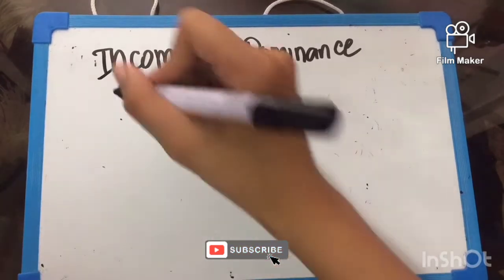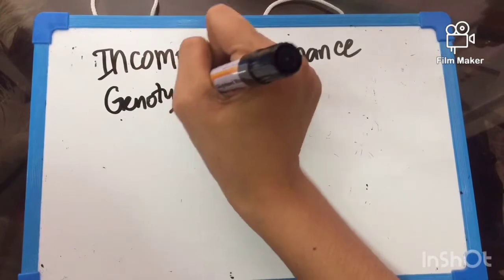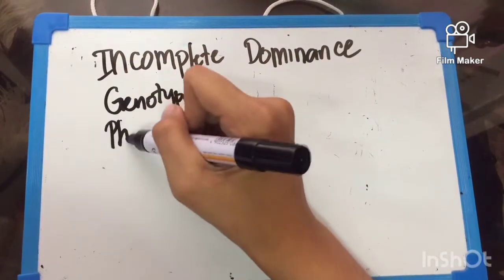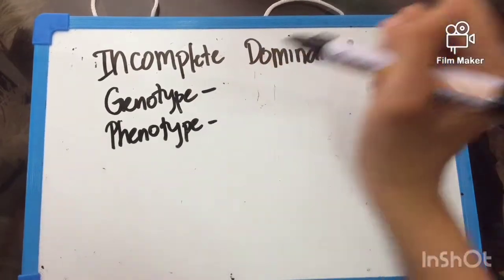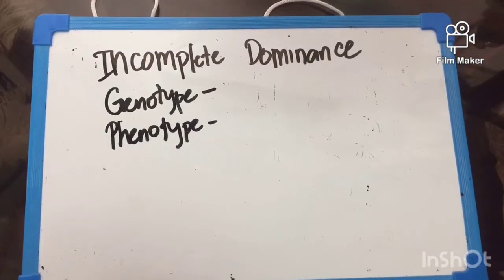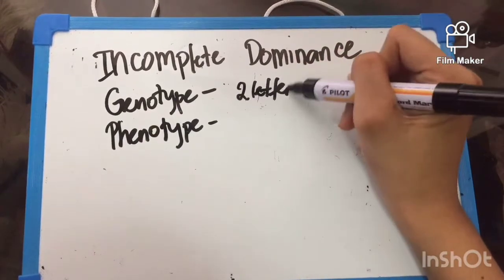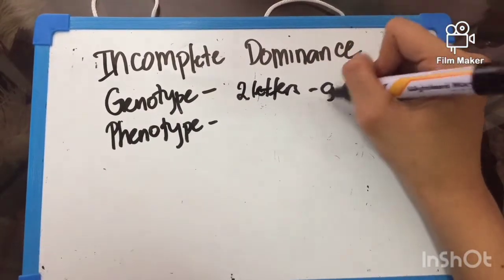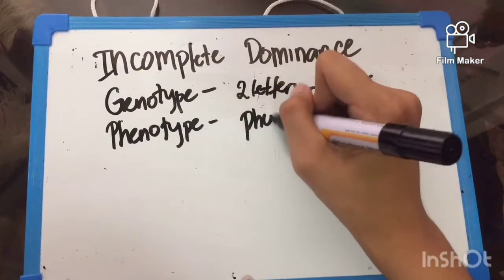Now let's have genotype and phenotype. For genotype, it is written in 2 letters. It is for the genes, while phenotype is for physical appearance.